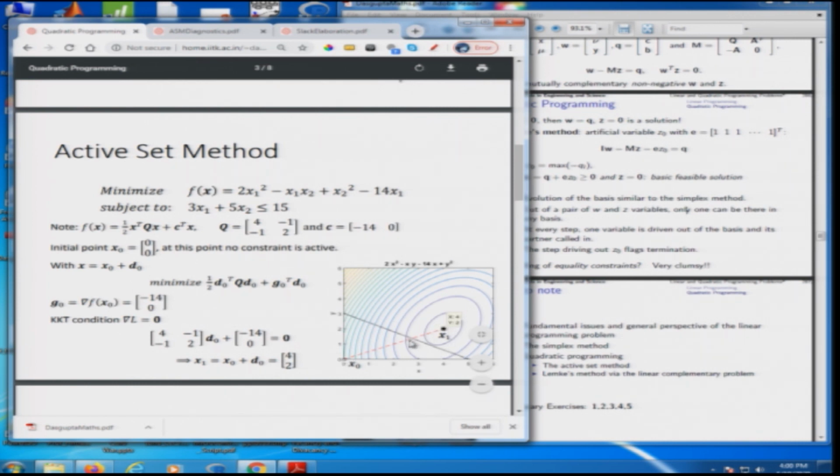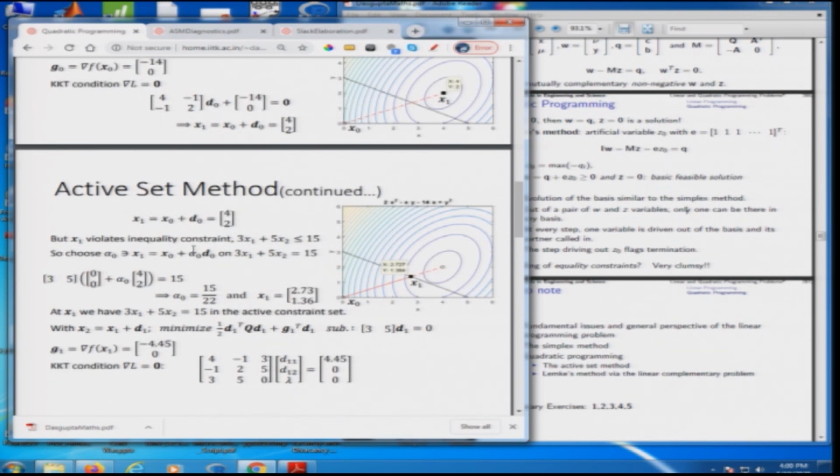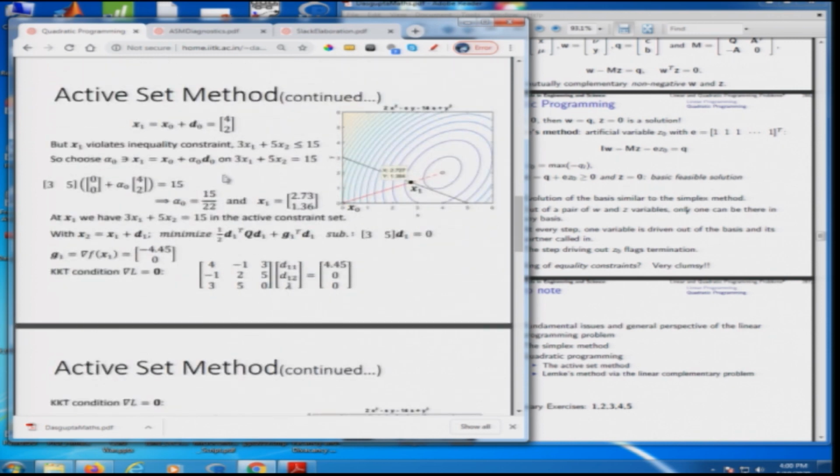So, you cut. The process to cut is you propose x0 plus alpha0 d0, okay, and solve this. Okay. So, 3 times 0 plus 4 alpha0 plus and so on. Okay.